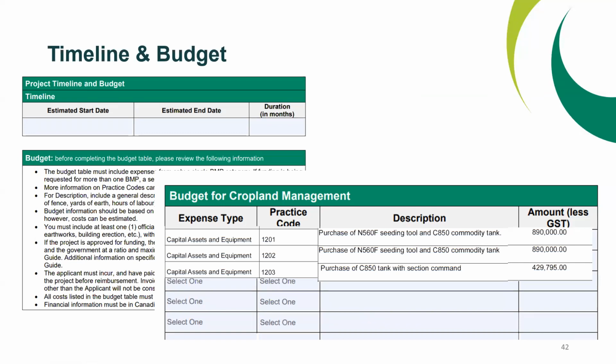So here is where you need to be sure that you understand the different practice codes under each BMP. And you can find that in the program guide. And then you need to describe each, in this case, capital asset and equipment under the description column, and finally the amount, which should not include GST.